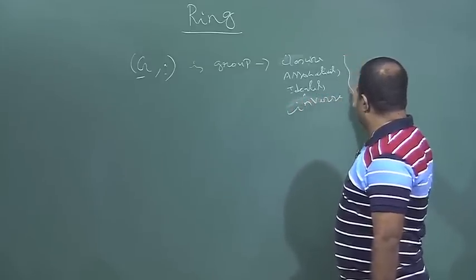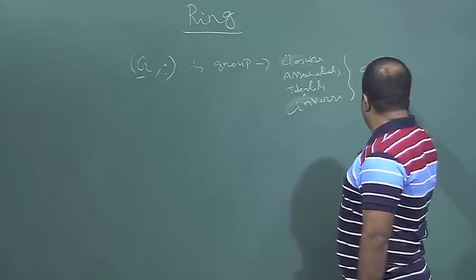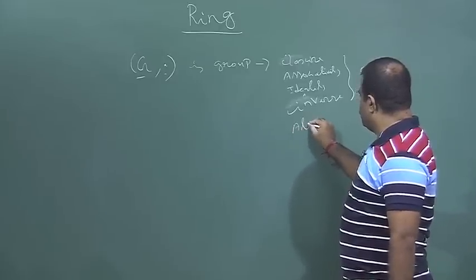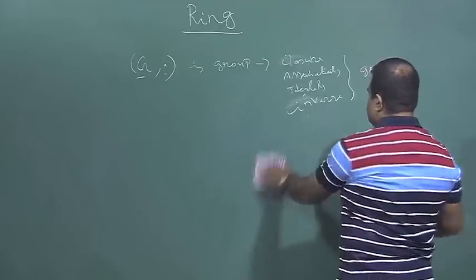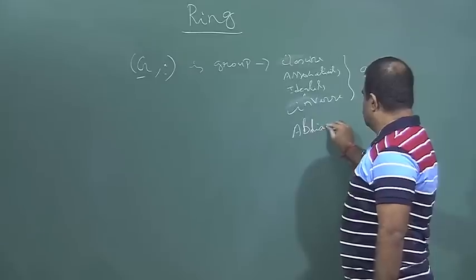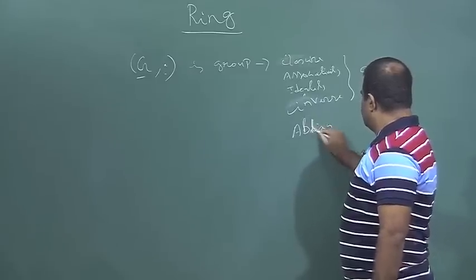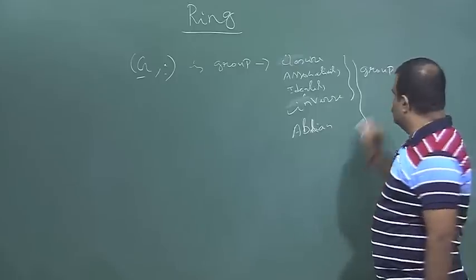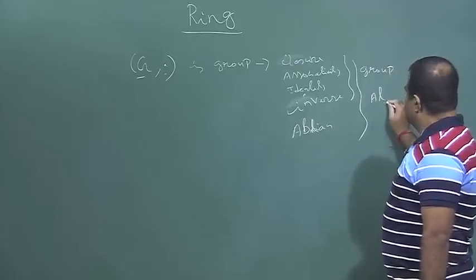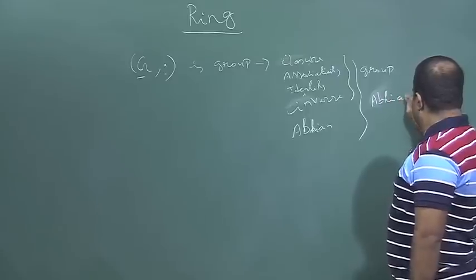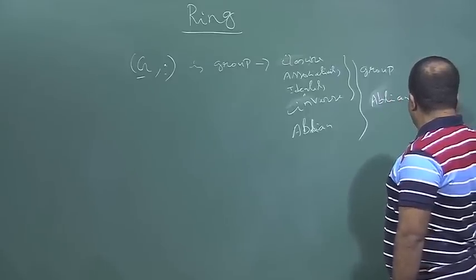So if these four properties are satisfied, then it is a group, and along with this, if there is an extra property, the commutative property or abelian property, if it is commutative, abelian, then this is called the abelian group, or the commutative group.